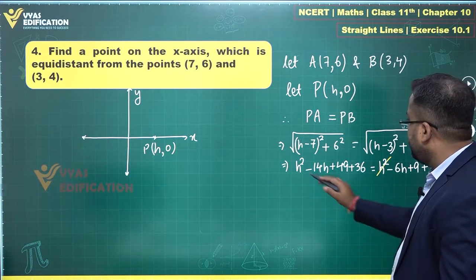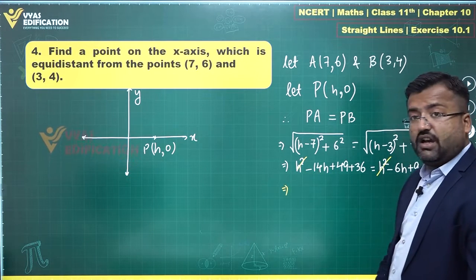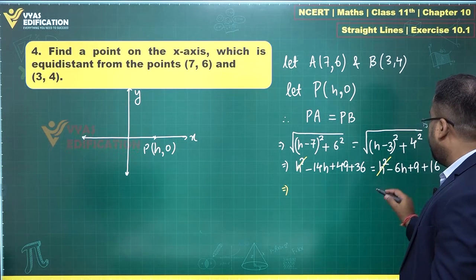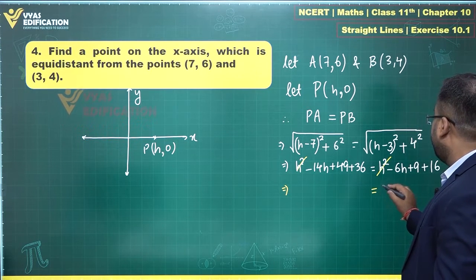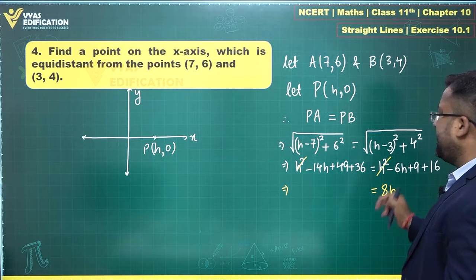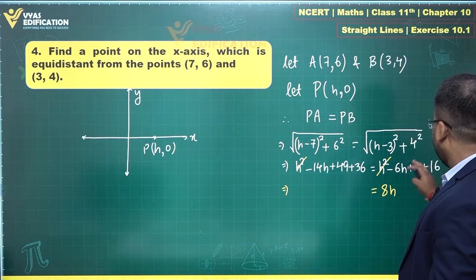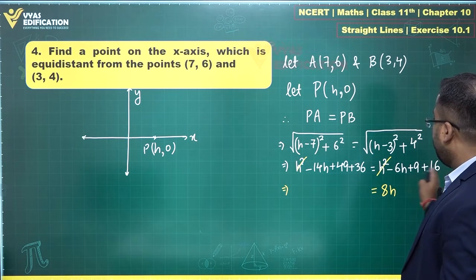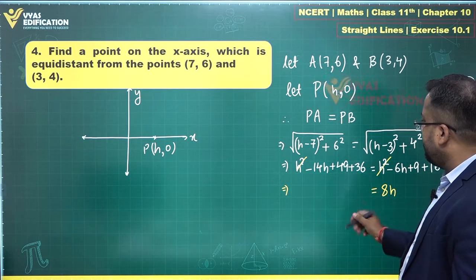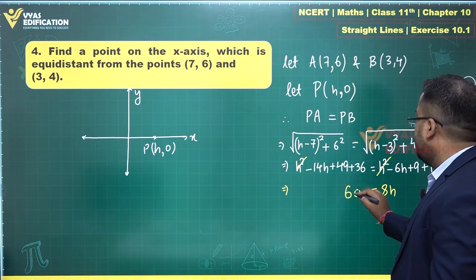So you see that h square gets cancelled, and what else remains? This 14h will go over here and this becomes 8h, 14h minus 6h becomes 8h, and 49 plus 36 is 85, minus 25 comes over here, which gives 60.